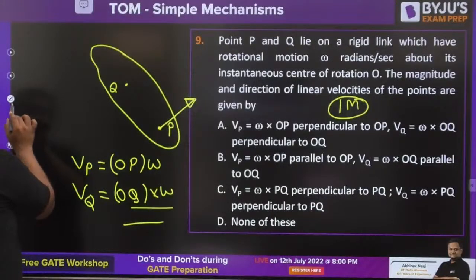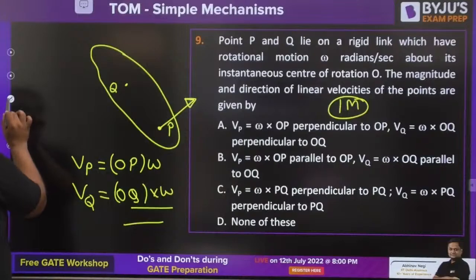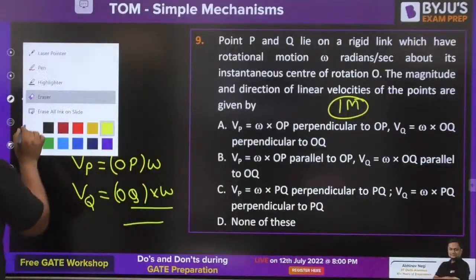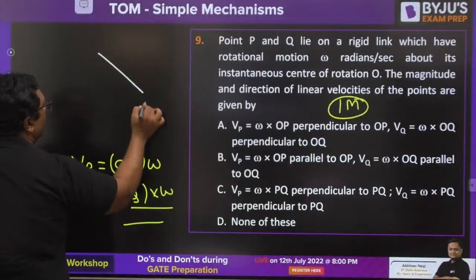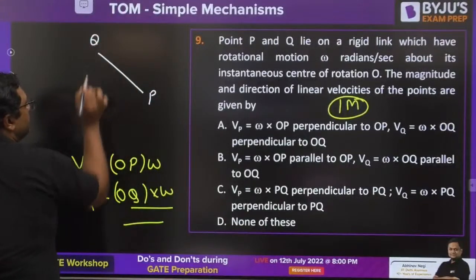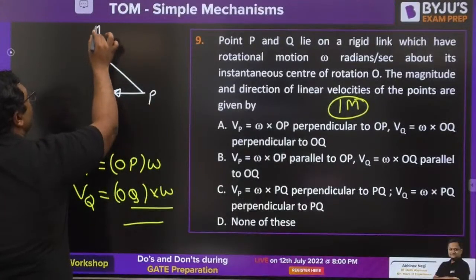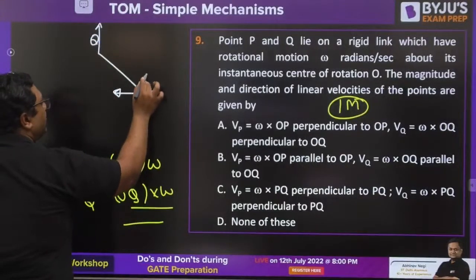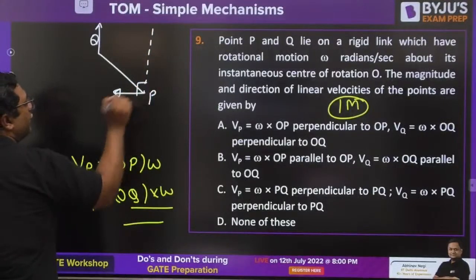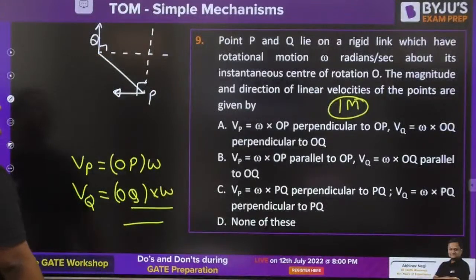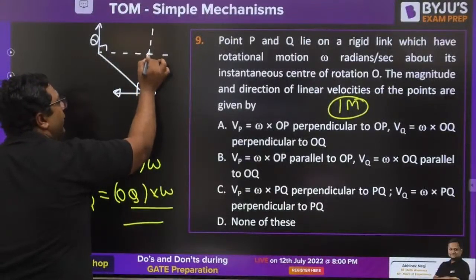Like we have seen, I am making another diagram, don't worry, which will make everything clear. Let us say there is some link PQ. If point P is moving in this direction and point Q is moving in this direction, then this is the direction perpendicular to the motion, and this is the direction perpendicular to the motion. Then this is going to be the I center point.